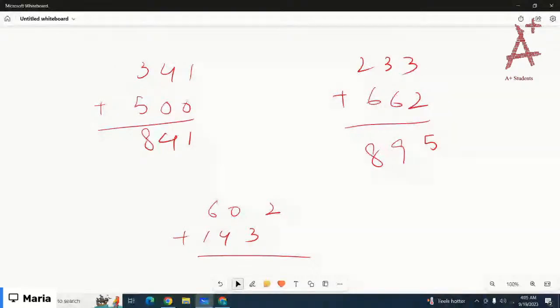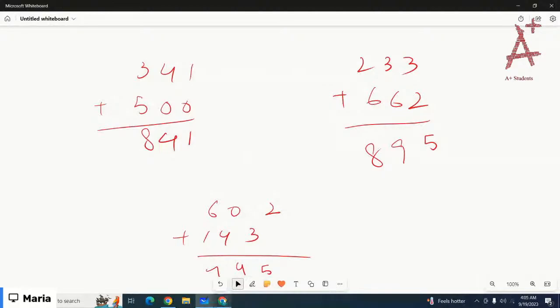You have to start adding from the ones digit. 3 plus 2 makes 5. 4 plus 0 is 4 and 6 plus 1 is 7. Yes, that would be 745, right? This way we can add 3-digit numbers, right? This is very easy. I don't think you have any problem with adding the numbers, right?